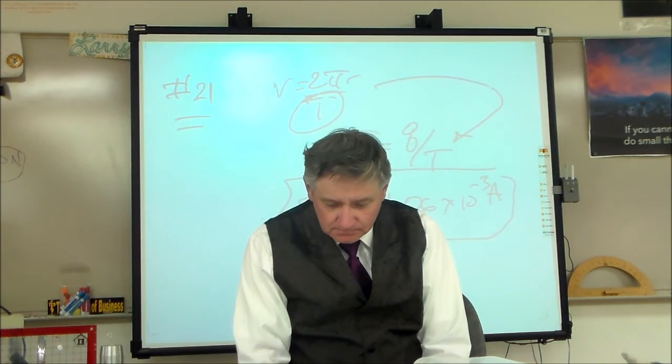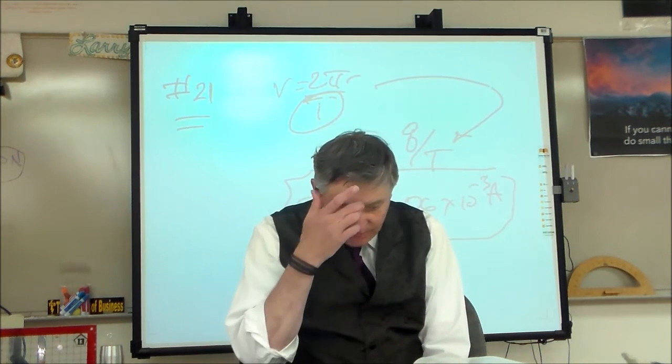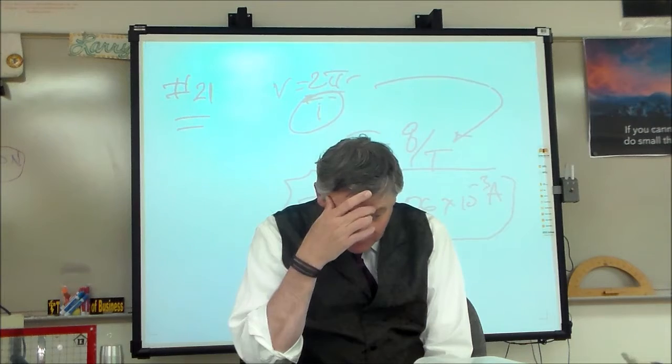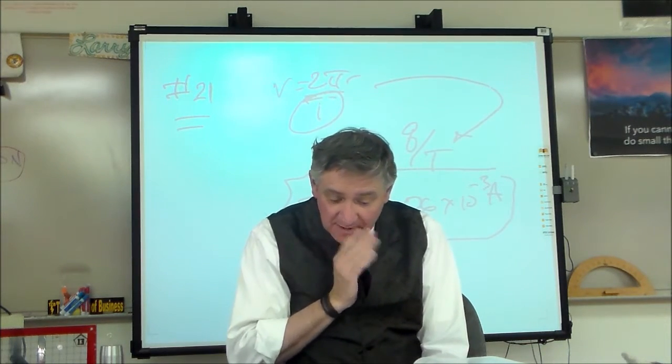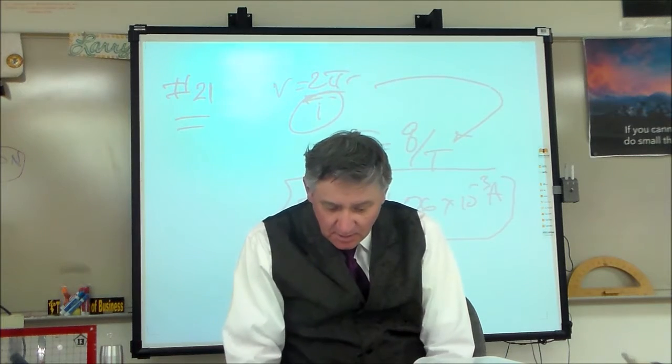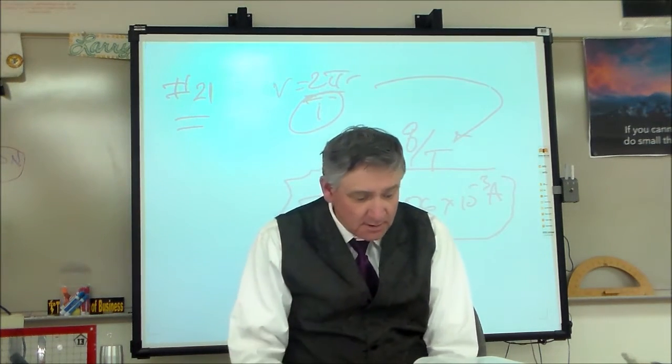I think I did it right. And hopefully your answers on 25, because 25 builds off each other. Hopefully you realize that because the electron has much smaller mass, that's why those distances are so far apart.